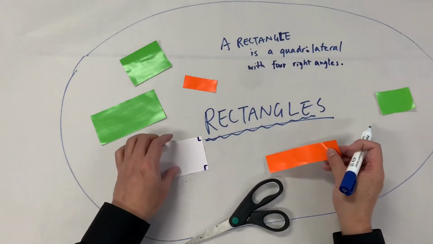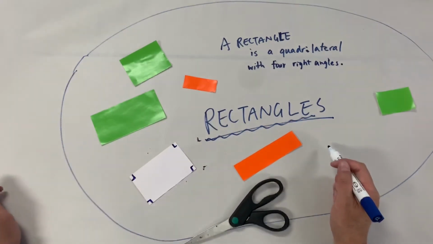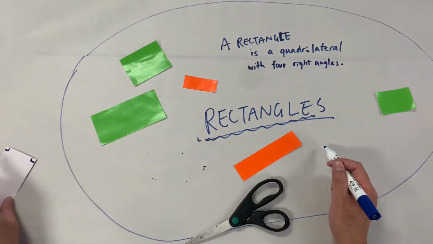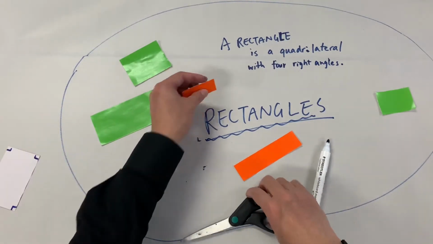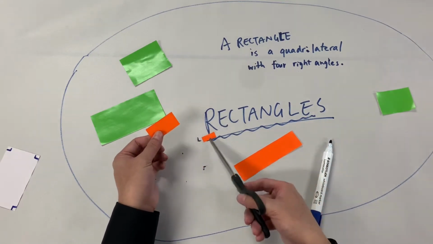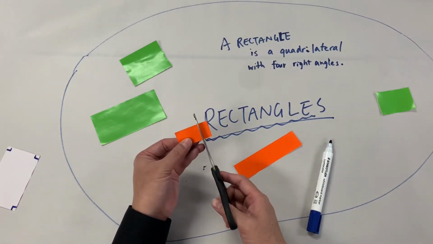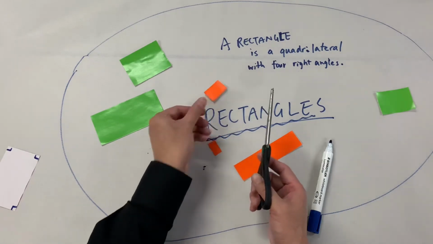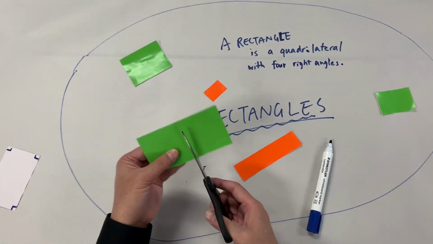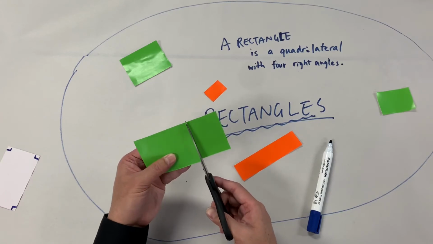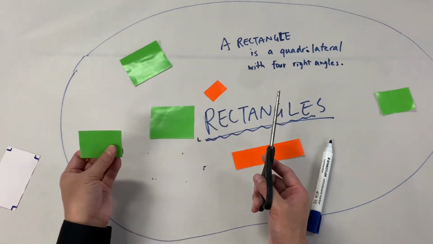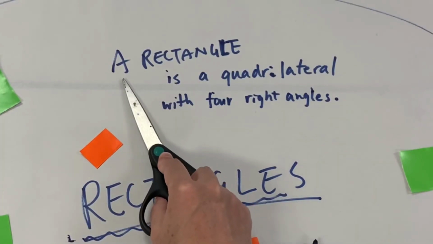That is a rectangle. So this is a rectangle, this is a rectangle, this is a rectangle, this is a rectangle. Oh, this also is a rectangle. This also is a rectangle. Hopefully I cut it right. Do you have any questions about this?